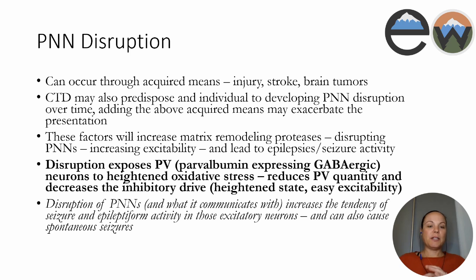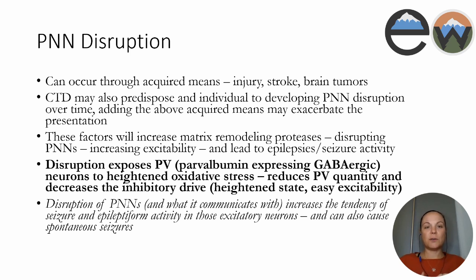So disruption of these perineural networks can happen for a variety of reasons. So again, this is the network where the communication happens within neurological tissue, this lattice-like extracellular matrix of itself. It can happen from injury, strokes, brain tumors.